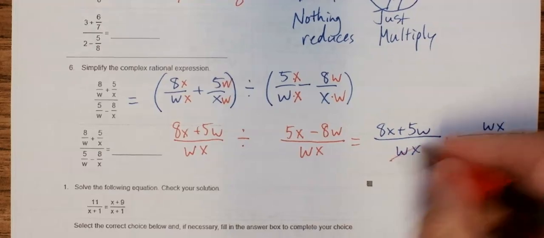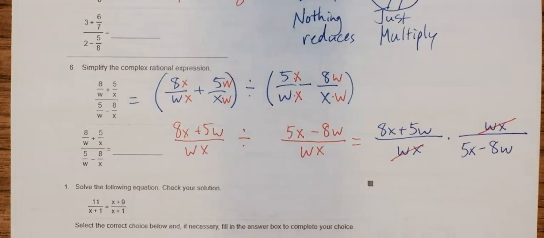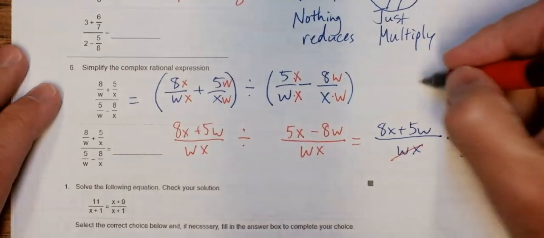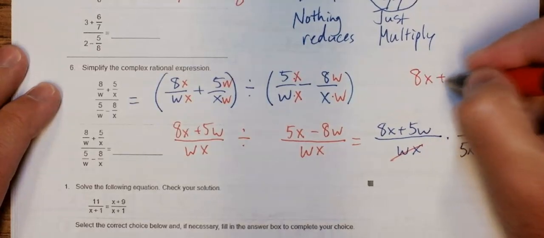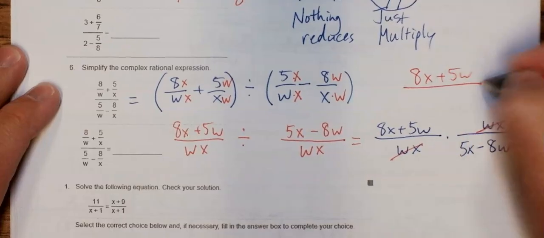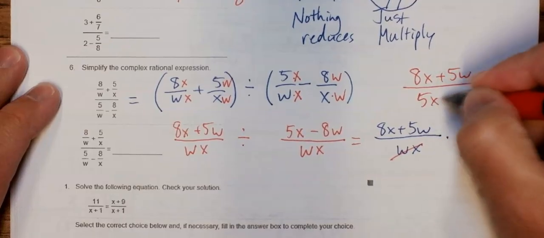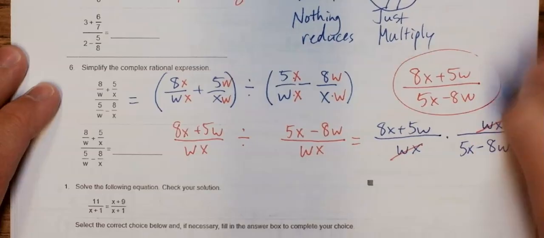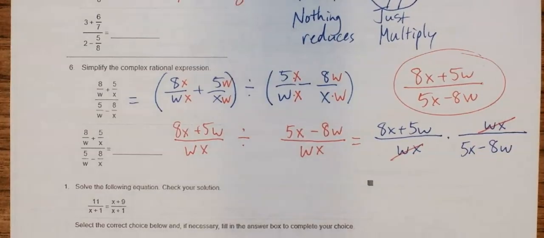How about those wx's? That's true. But because of the addition and subtraction that you see there, nothing else cancels, so don't try it. 8x plus 5w over 5x minus 8w. That is the final answer, yes.